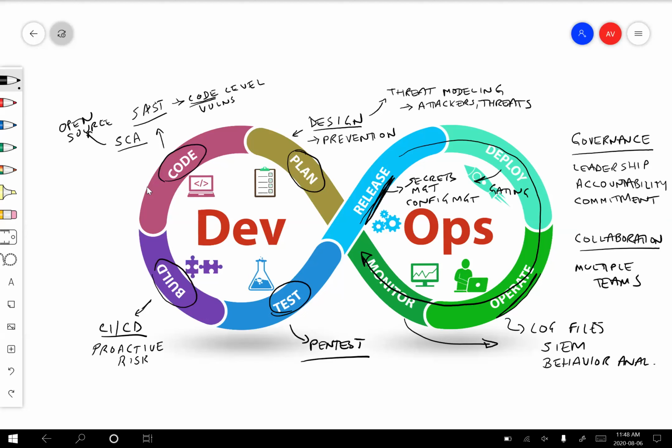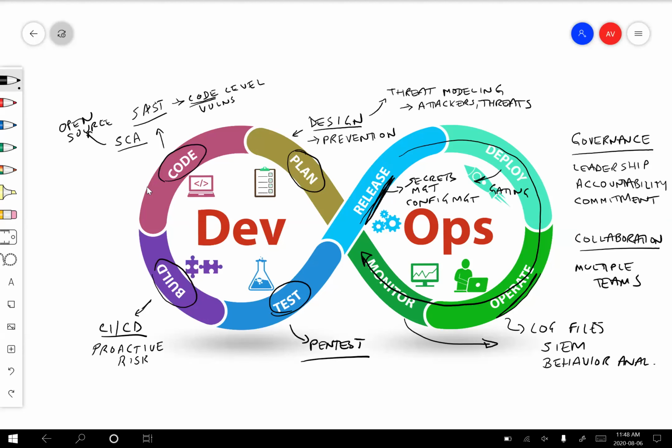It's the same thing as when we talk about governance, and the same thing when we talk about collaboration. It may appear that as we go through each of these stages we're slowing down, but ultimately, when we take a look at things like remediation, vulnerabilities caught in production, and the costs of breaches, it ends up becoming in fact more efficient over time.